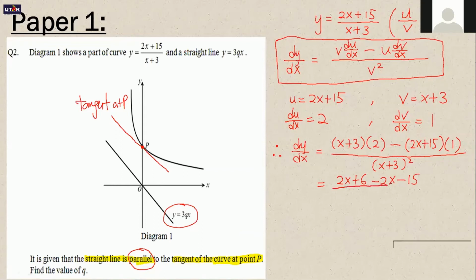Divided by x plus 3 whole thing squared. Simplify the top: 2x minus 2x cancels out, 6 minus 15, we have negative 9 over (x plus 3) whole thing squared. So this is your dy over dx.